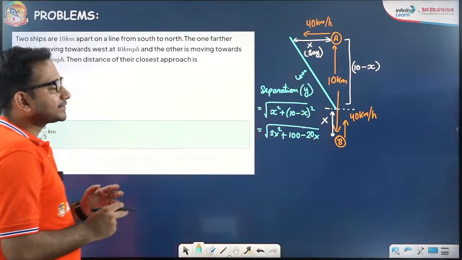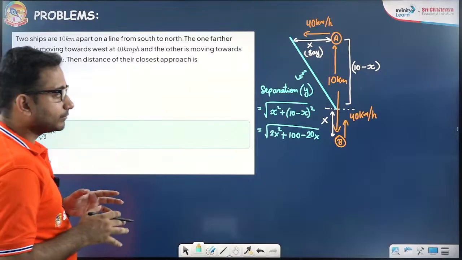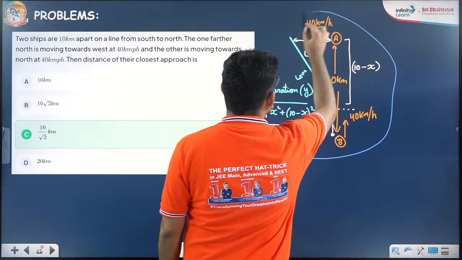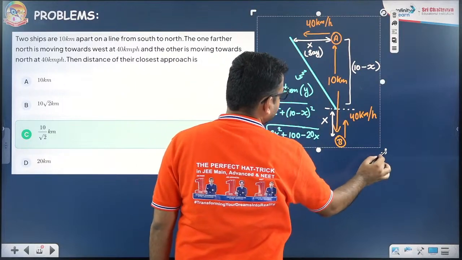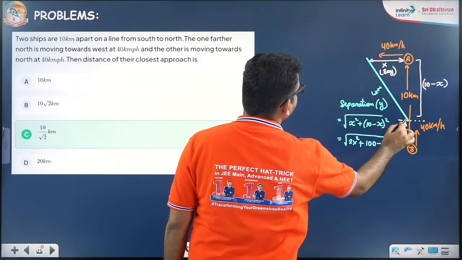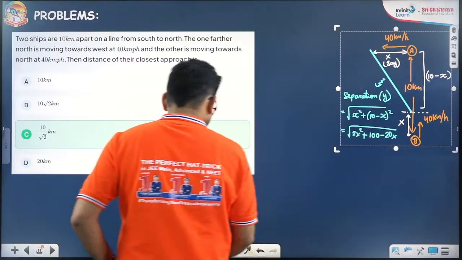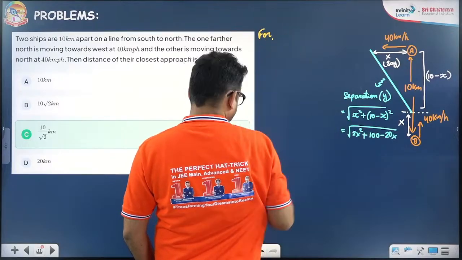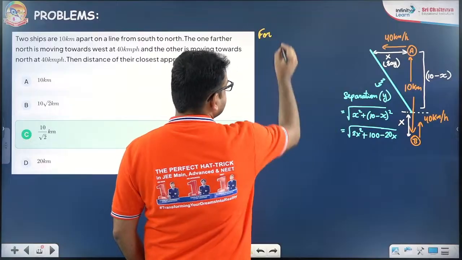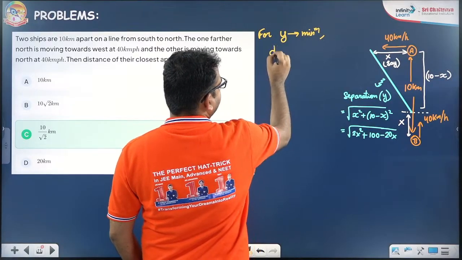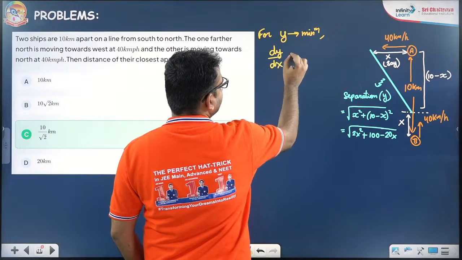Now the point is that for separation to be minimum, your dy by dx must be equal to 0. Let me now shift it over here so that I can write it for you. Okay, now see, for separation y to be minimum, can I say my dy by dx must be equal to 0?